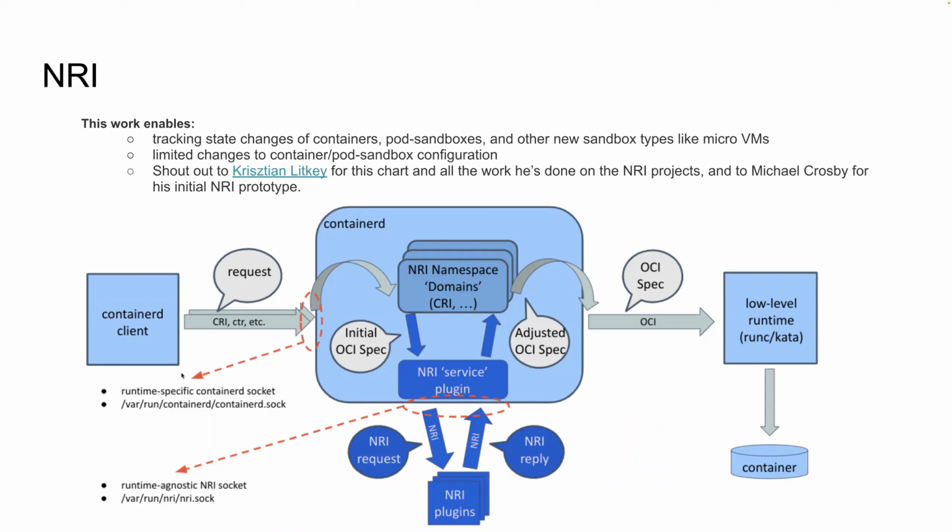I guess that's mostly what it's trying to define here. So anything that's in the OCI spec could be adjusted here, whereas before there was CDI and some of the other changes that were more targeted, like, you could add a device, and the device was this part of the OCI spec.